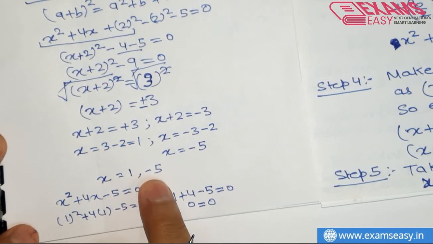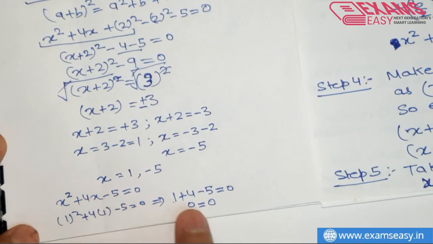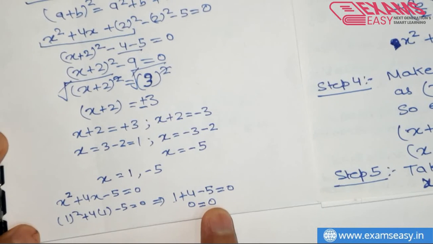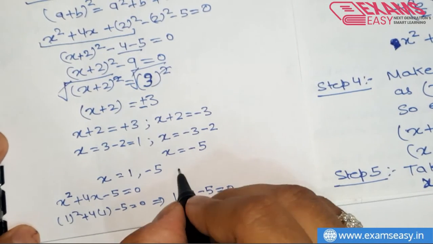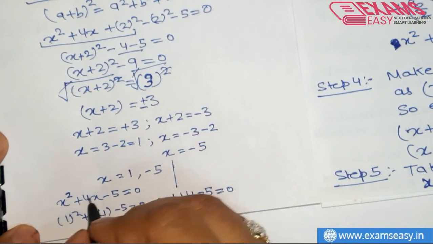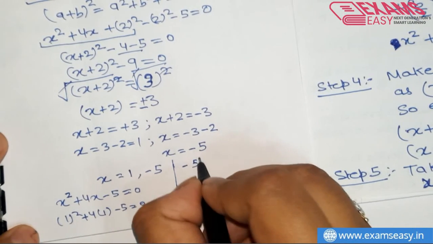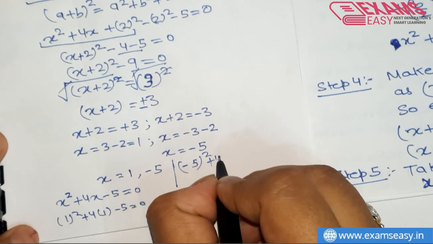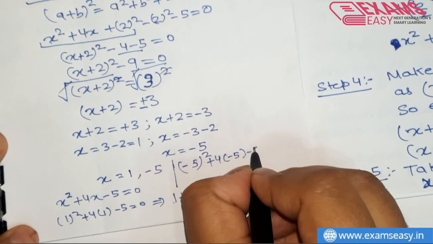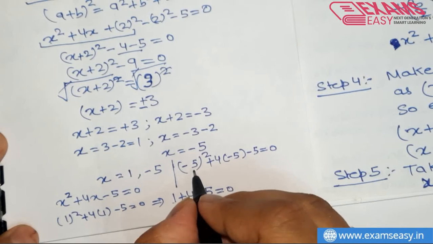Similarly, minus 5 can be put in this equation, and if we are getting 0, then we have found the correct root of the equation. So this can also be checked here. Minus 5 whole square plus 4 into minus 5 minus 5 is equal to 0.